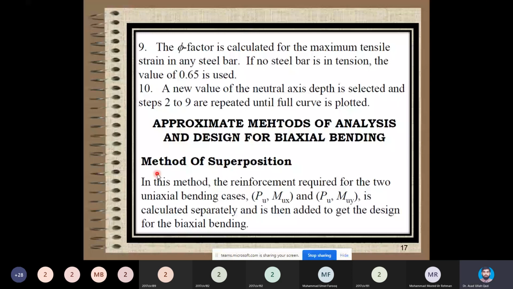Just calculate, for the given PU and MUX and then PU and MUY, what the steel reinforcement demand is individually. For example, you assume that the column will be subjected once to PU and MUX and then secondly to PU and MUY. Suppose when only PU and MUX act, the column requires 2% steel.